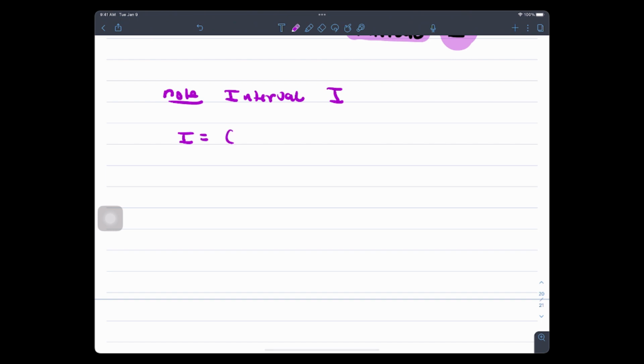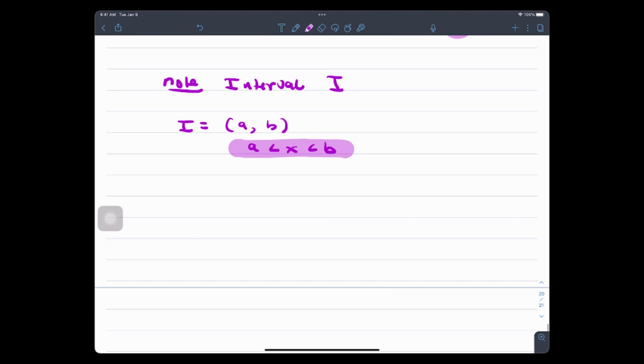Your interval can be like this. Those are what's called open endpoints, where a is less than x, which is less than b. This is the one we've seen so far with the geometric series. All right? So there's a little bit of details I wanted to get out of the way.